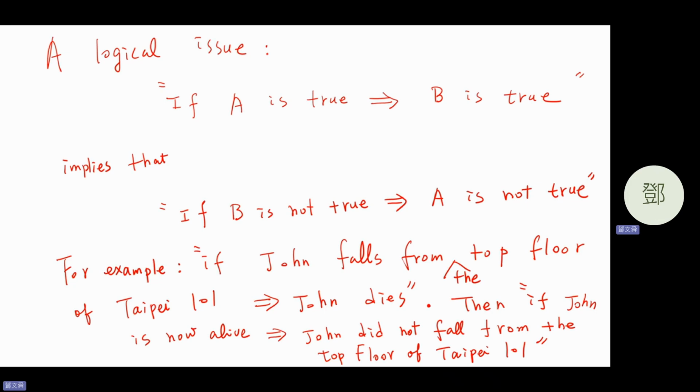Not necessarily a fall from 101. So B is not always caused by A. Understand? But you can say not B implies not A. You cannot say B implies A. You can only say not B implies not A. You understand? So what is the big deal about this?